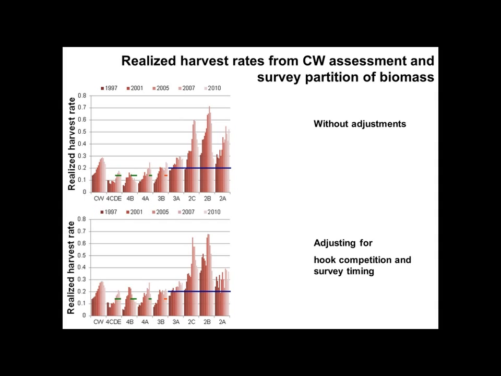Or are the staff recommendations lower because of the hook competition and survey timing?